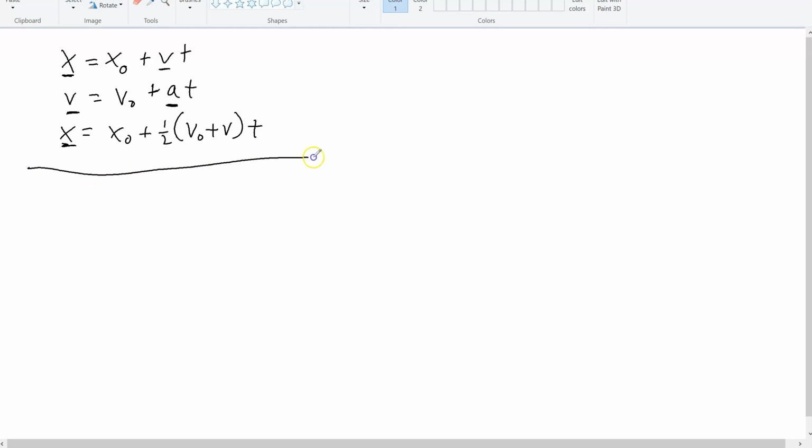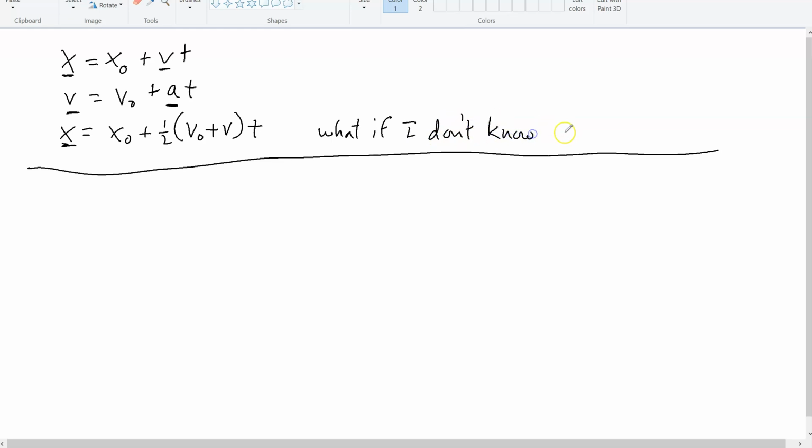So here's what I'm going to want you to write down underneath this. What if I don't know final velocity? So what I want you to write down is that you do know a formula that puts final velocity in terms of initial velocity and acceleration and time.